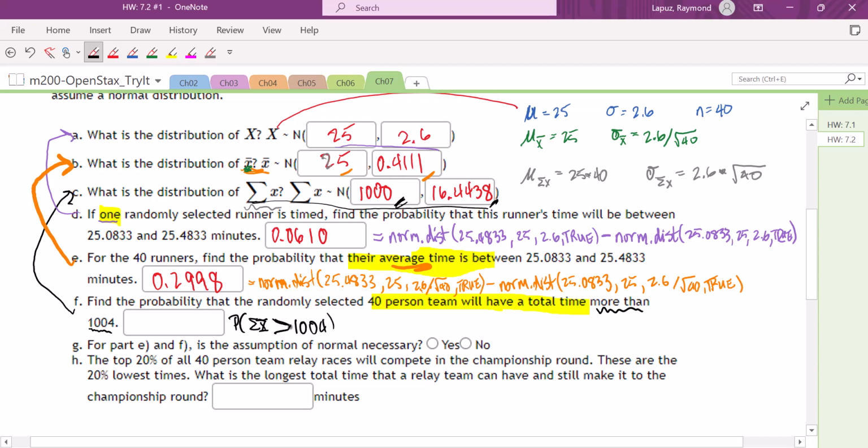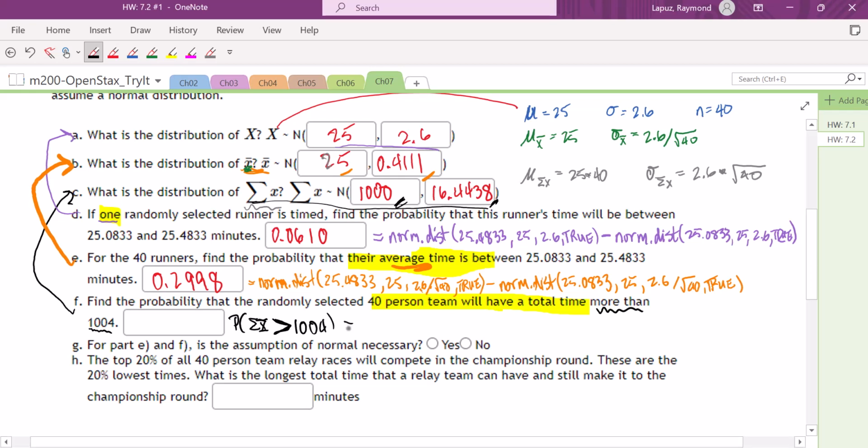So remember, when we see this bigger than symbol over here, the normal distribution looks at the area to the left. So for the bigger than, we're going to want the area to the left subtracted from the 100%.